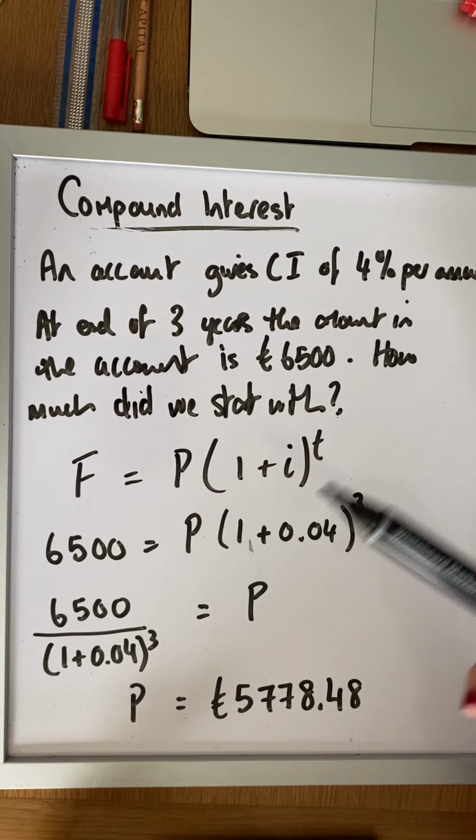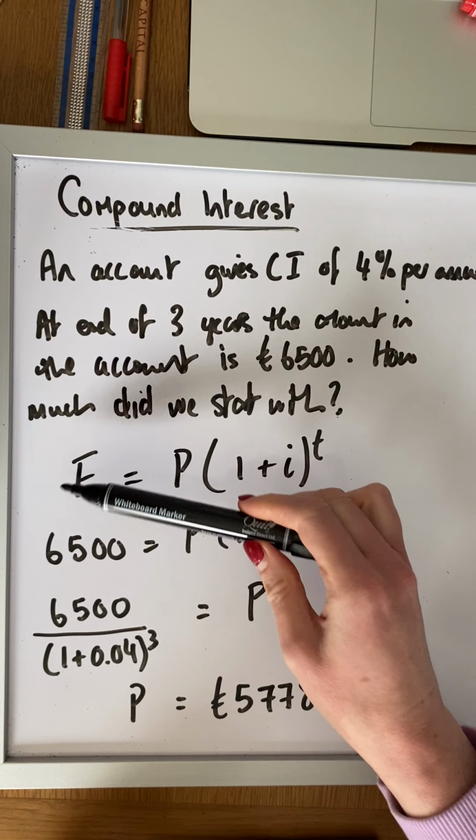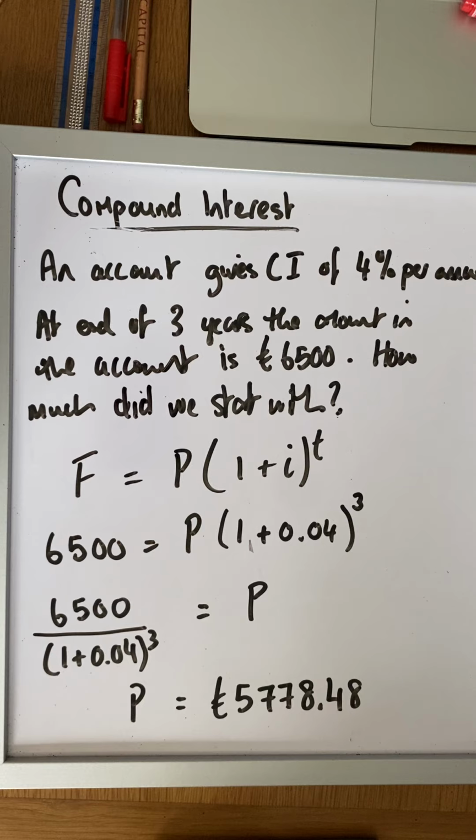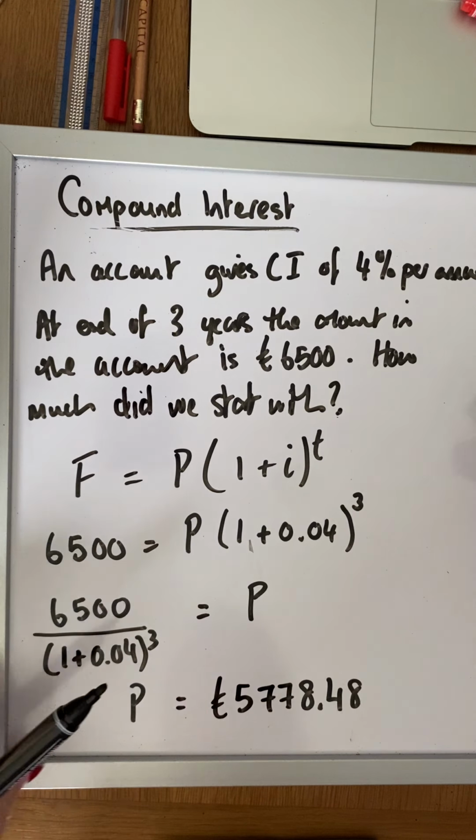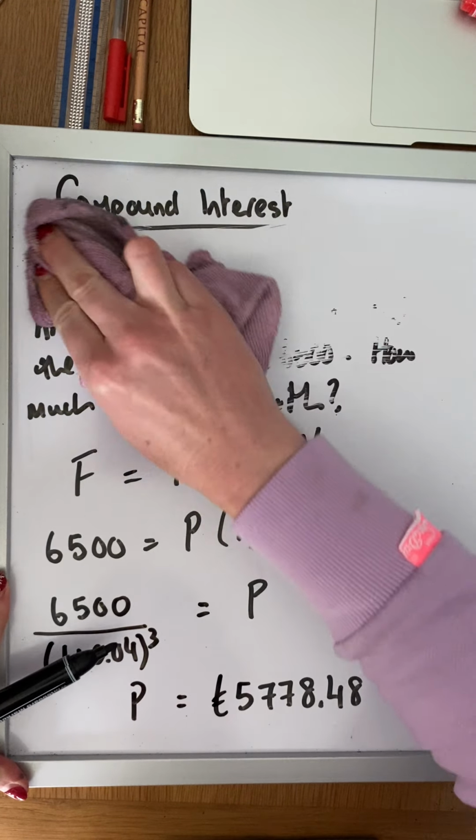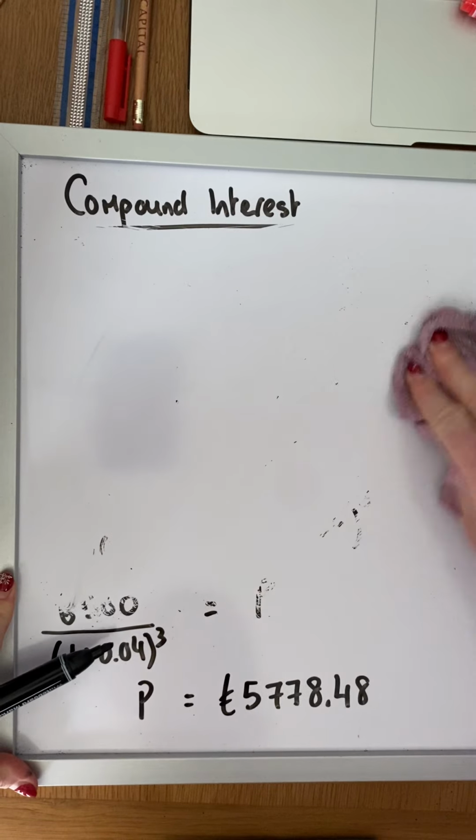So that's how we look at working backwards. In this type of question, we are given the final figure and we are asked to work backwards to find the principal. The other type of question we can get is one where the interest rate is missing.